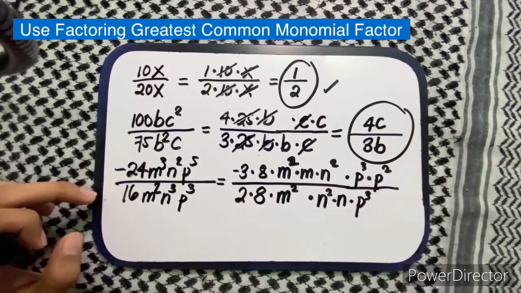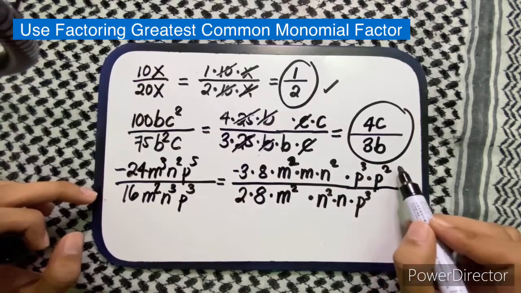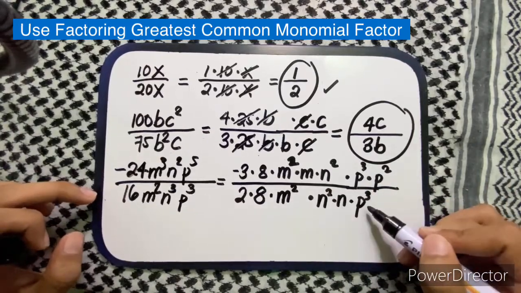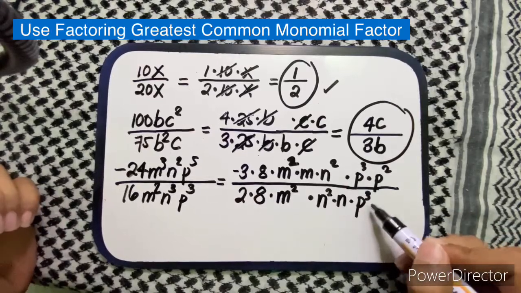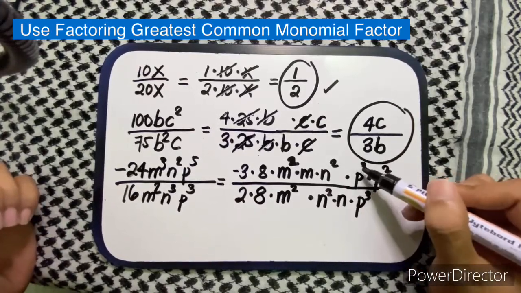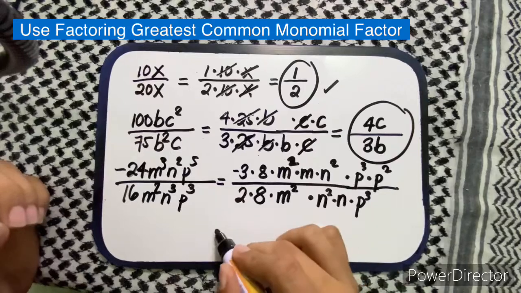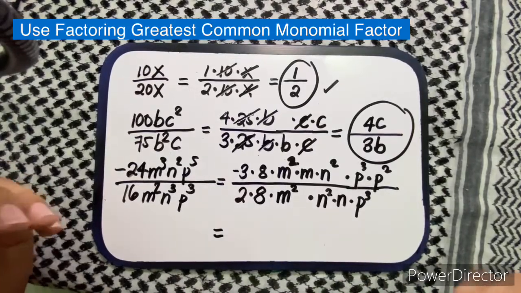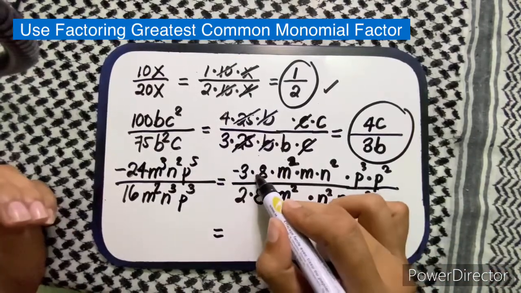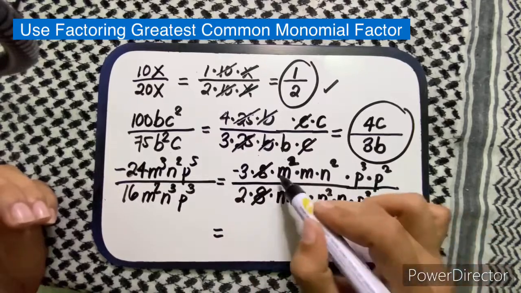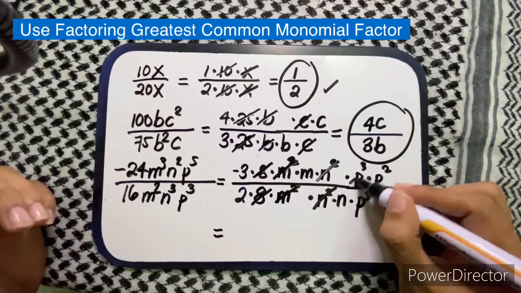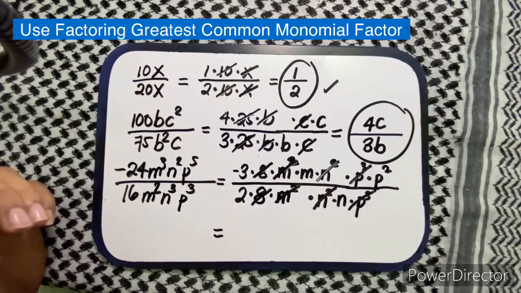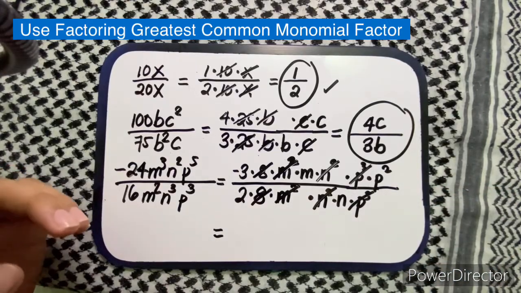So don't write p raised to 4 then p raised to 1, because we cannot cancel out the p cubed. Make sure that if we have p cubed below, we also have the p cubed above. Next is cancel out the common factors. So we have 8, then m squared, n squared, then p cubed.